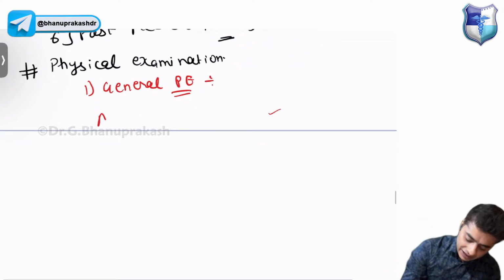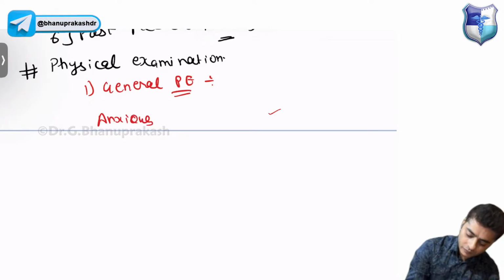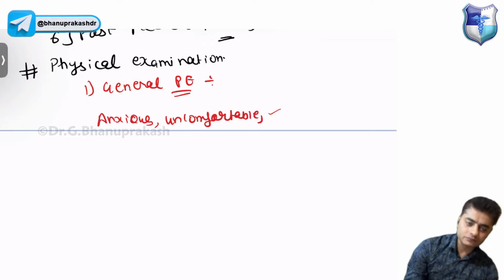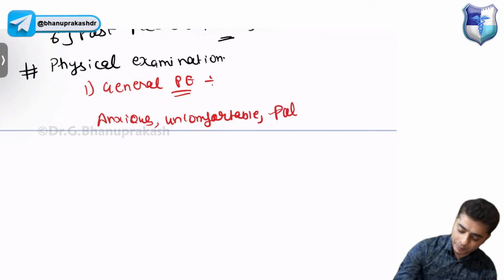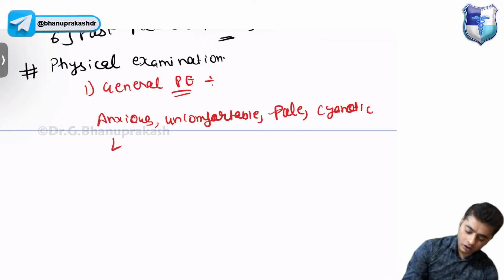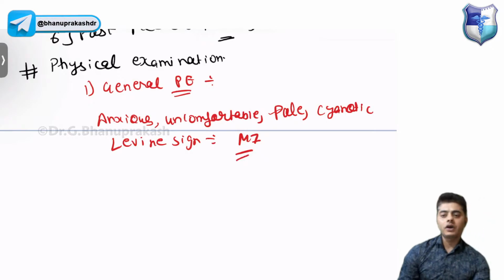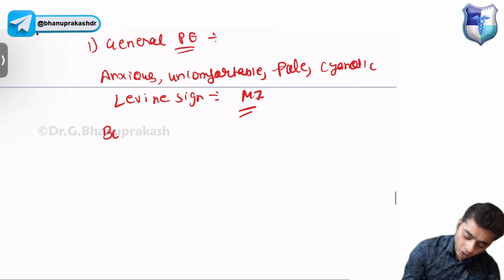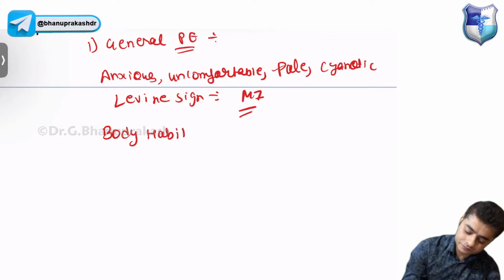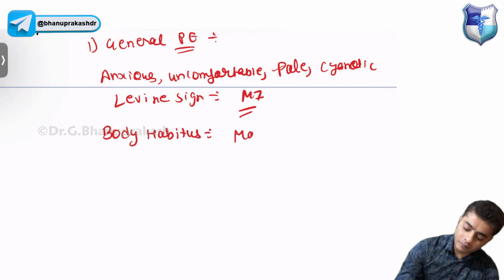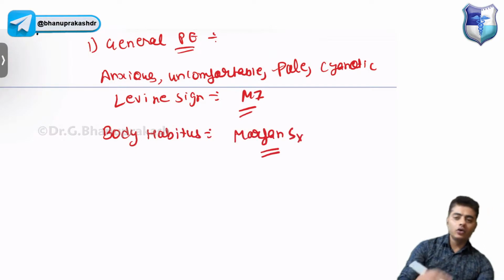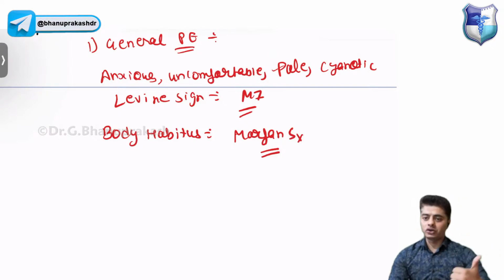So if the patient is anxious, uncomfortable, pale, cyanotic, or having a Levine sign, this all means there are high chances of MI. Other thing you can see is body habitus, like a patient with Marfan syndrome. And you all know that with Marfan syndrome, pneumothorax can be suspected.